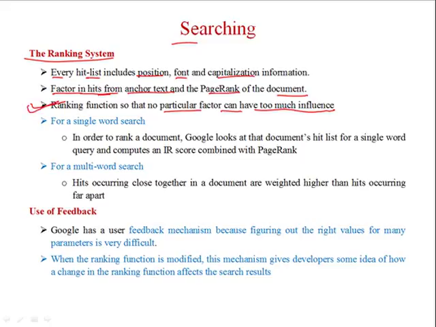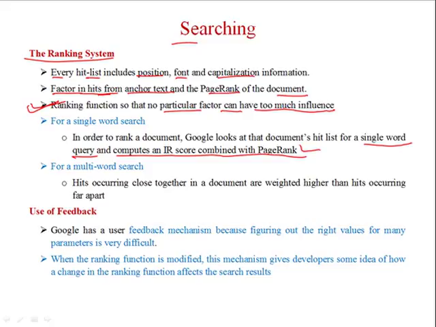This is an important part. For a single word search, in order to rank the document, Google looks at the document's hit list for a single word query and computes an IR score combined with page rank. I already discussed page rank.